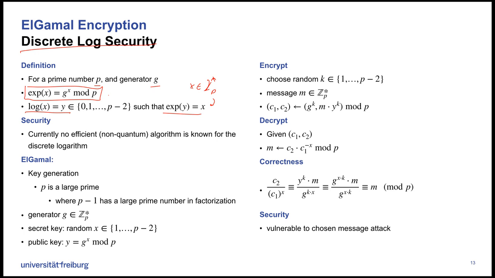Now, for security, there is no efficient non-quantum algorithm known for this discrete logarithm. What I mean by non-quantum algorithm is, unfortunately, there is an efficient quantum algorithm which solves the discrete logarithm, factorizes numbers and can compute the order of a group. However, currently, this quantum algorithm needs some billion quantum bits.